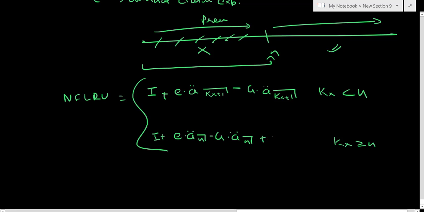Plus, now this changes. Now I've got the benefit B, and it is payable from time n onwards. So this benefit is B into A due kx plus 1 minus n.